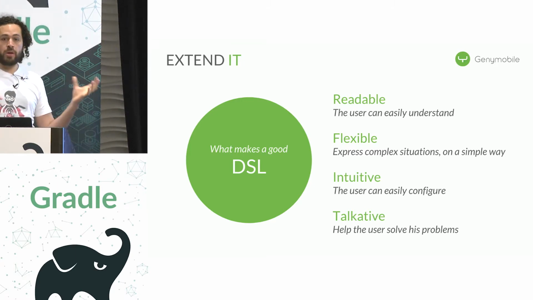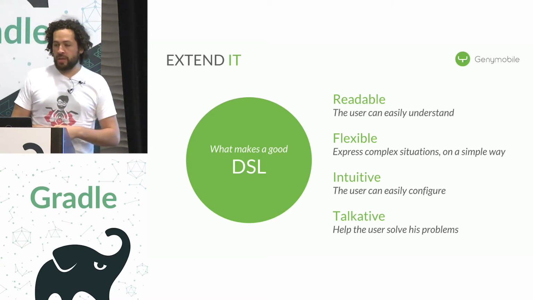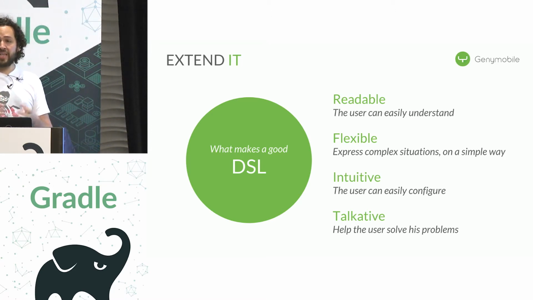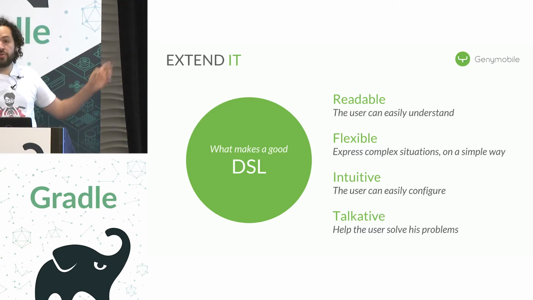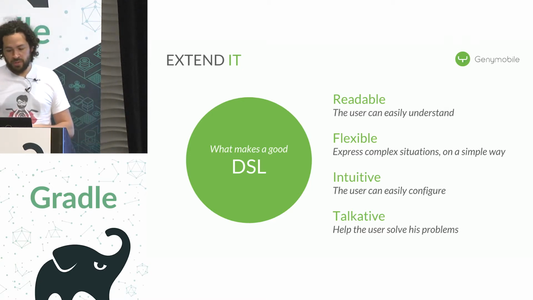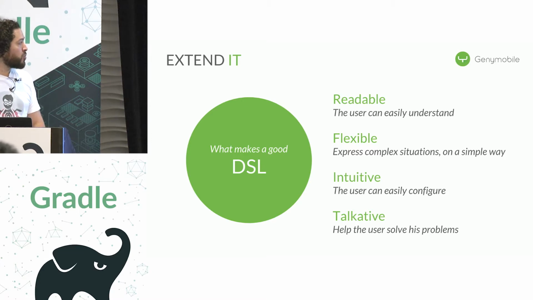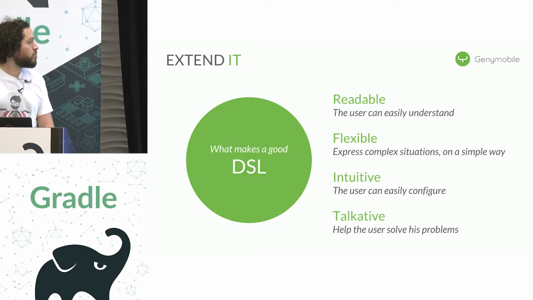When you have something complex to express in a DSL, it should be clean and easy to use to express these complex ideas. And I will give you an example of how you can make it flexible, of course. It must be intuitive, so it's easy to use, and talkative.